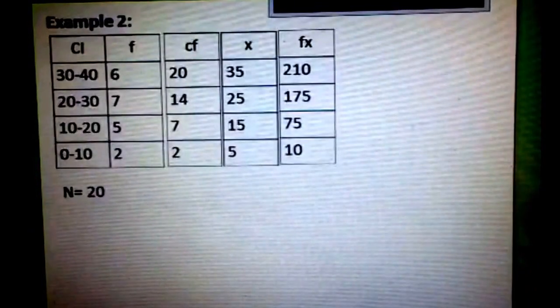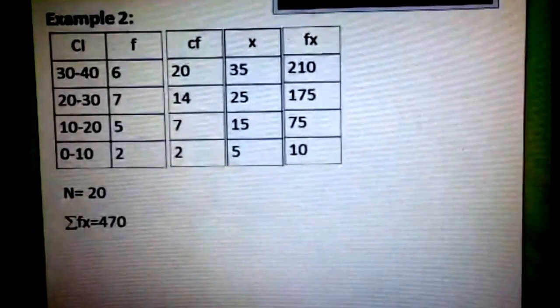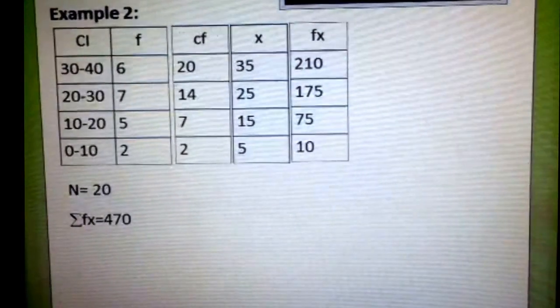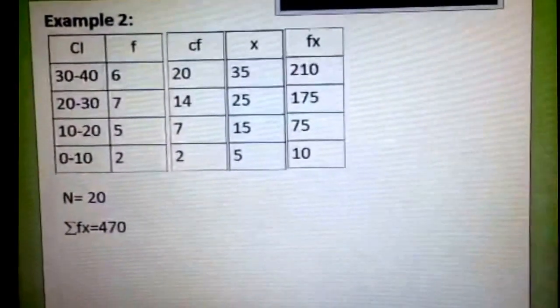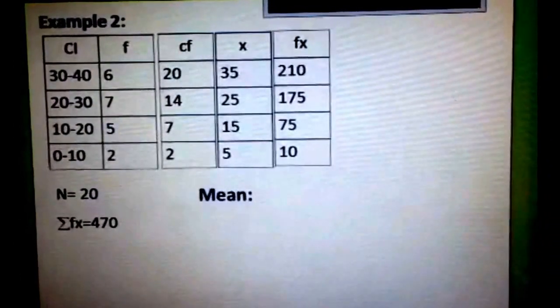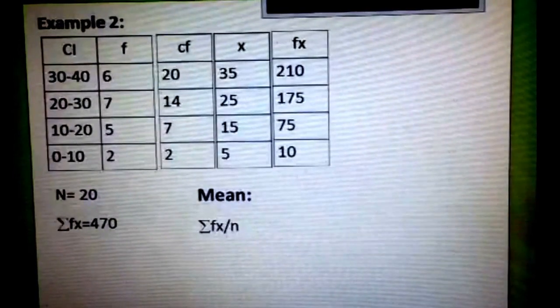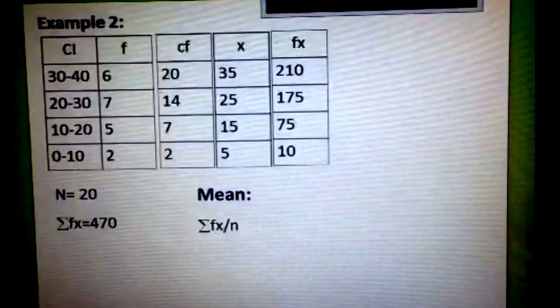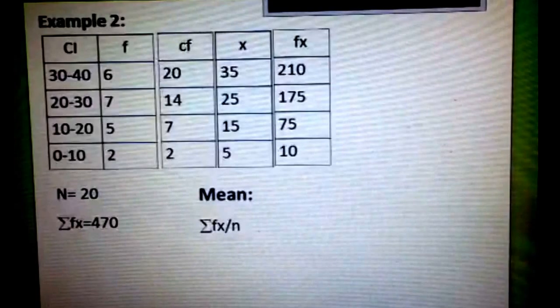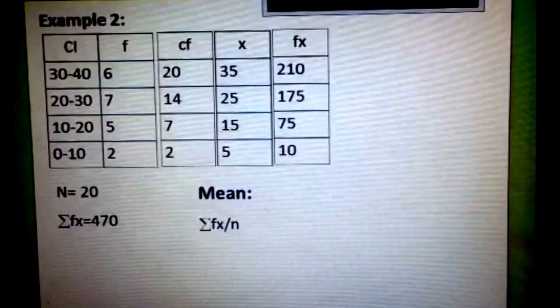The next thing that we need to do is get the summation of f times x, in which we need to add all the values in this column, and we get 470. To get the mean, we have this formula, summation of fx over n, and we have the values for that, so all we need to do is substitute.